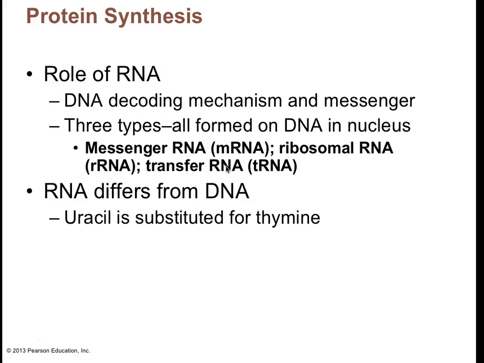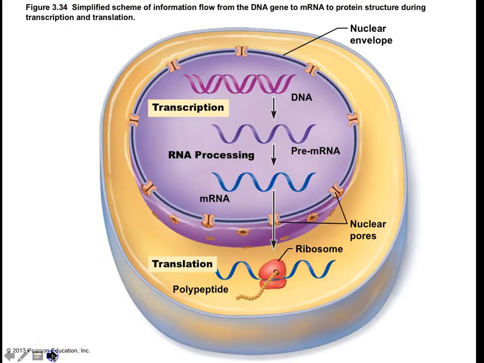And then amino acid by amino acid is going to be attached one to another until finally you reach the end of the message and an entire protein is made. And the RNA is a very closely related molecule to DNA, except that it uses uracil instead.